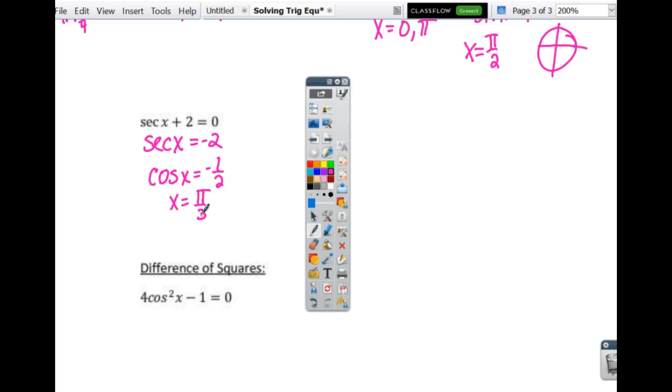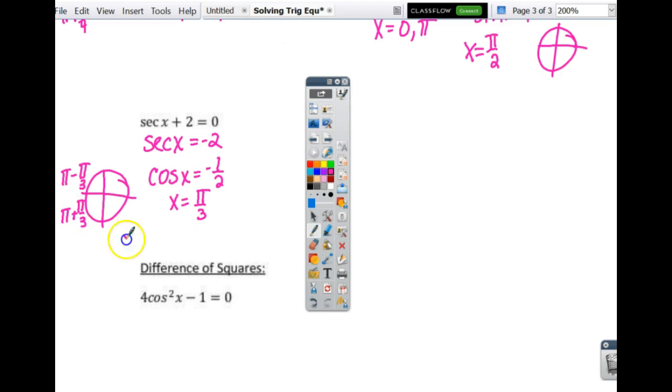I don't want positive, I want... So where is my cosine, where are the x's negative? These two, right? So if my alpha is pi over 3, I need these two. So this one, I'm going to take pi minus pi over 3. And this one, I'm going to take pi plus pi over 3.